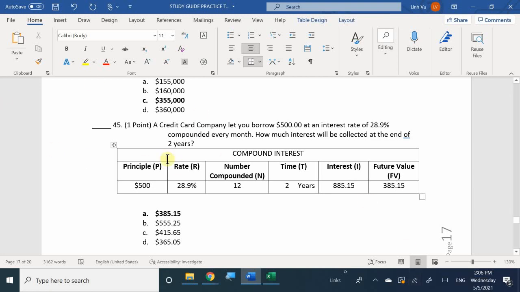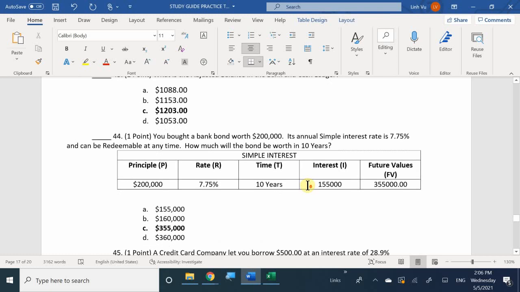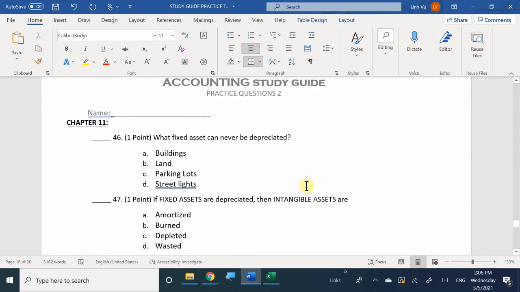So make sure you practice your formula, especially for the compound interest one. But as long as you have that and you have Excel, you should be completely fine.